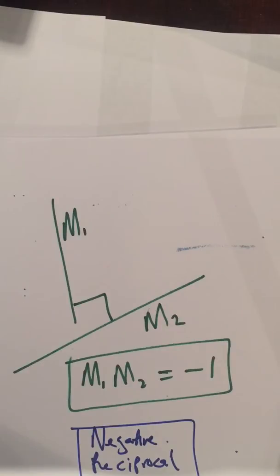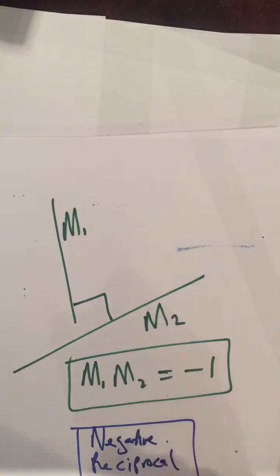So when you want to revise this, or practice this question, the first thing that should come to your mind is, these two lines are perpendicular and I know the gradient of one of them, so the gradient of the second one must be the negative reciprocal. Keep saying it. What does negative reciprocal mean?